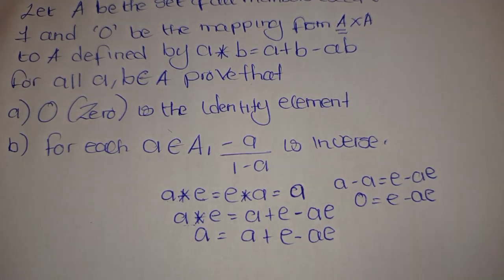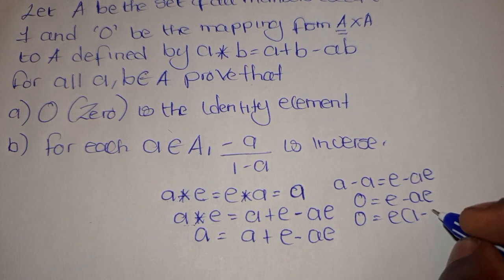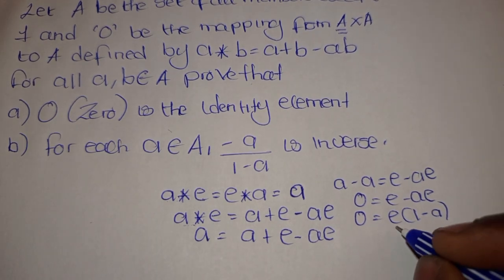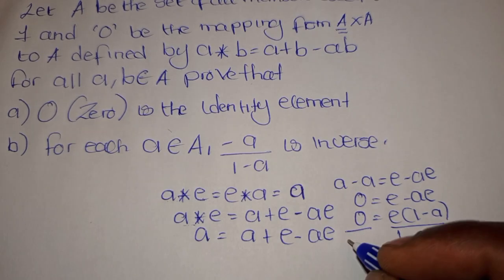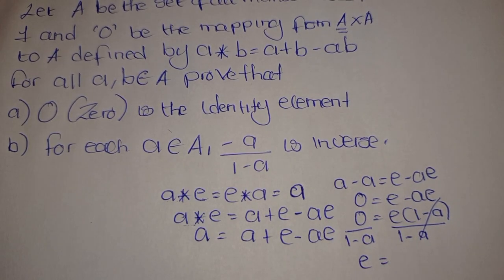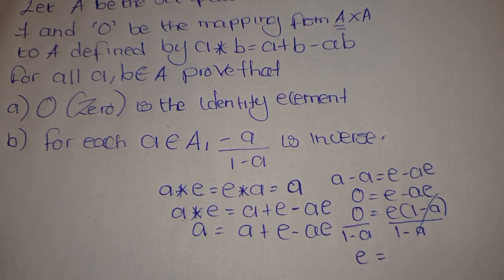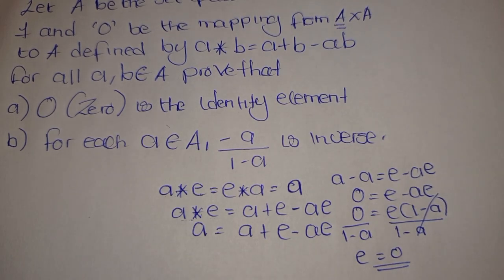Then from here we will simply factorize. So we have 0 is equal to E(1 minus A), where we will divide both sides by 1 minus A for us to remain with the identity element E. So we know for sure that 0 divided by any number is still 0. That's why it is called an identity element, because the resulting outcome will always be 0.